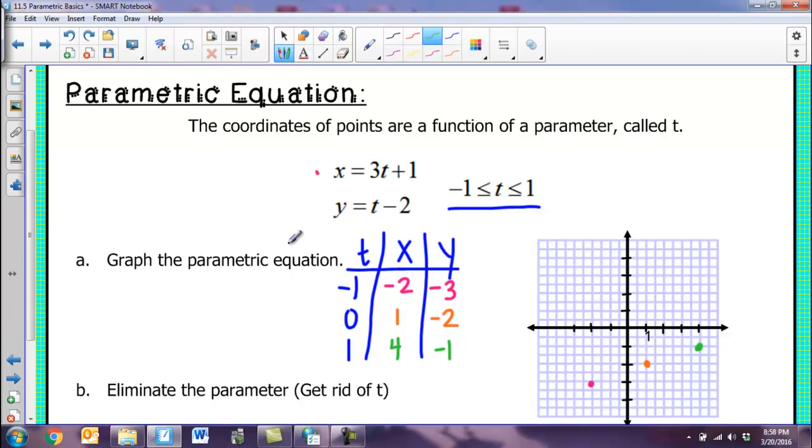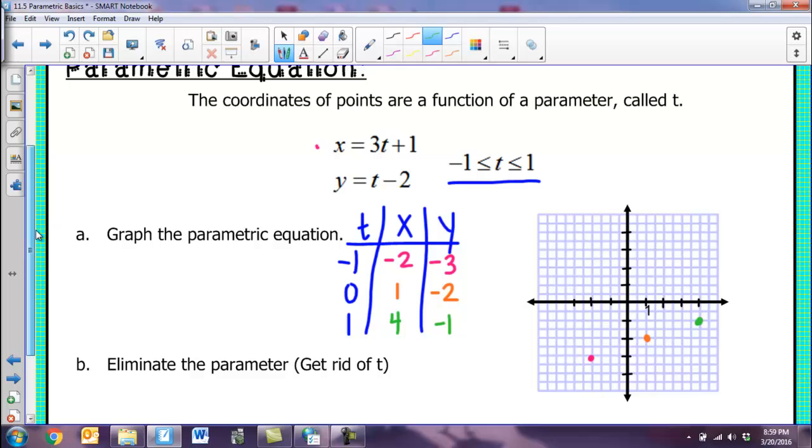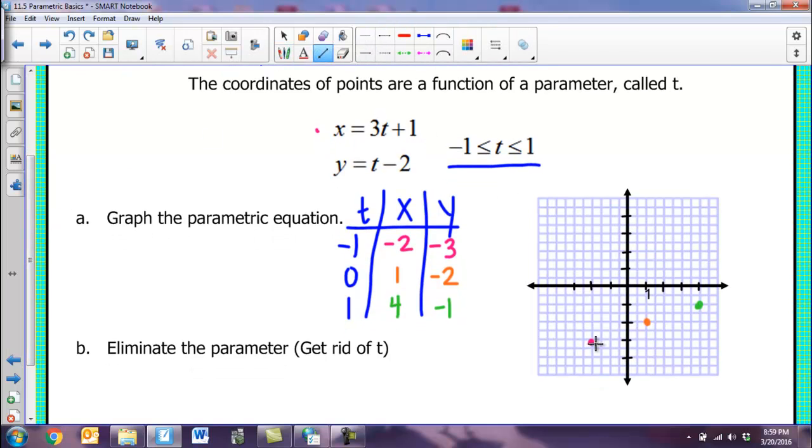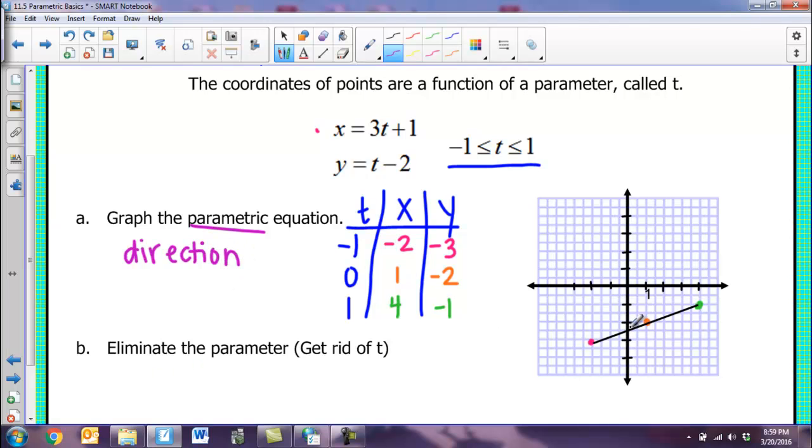Okay, so when I connect the dots to make this equation, I'm going to just use a line because it looks like it's going to be a linear equation. But the big thing about parametric equations is that we have a direction in here. In a parametric equation, you're going to draw arrows on your graph to say what direction you went. It's kind of like a vector.